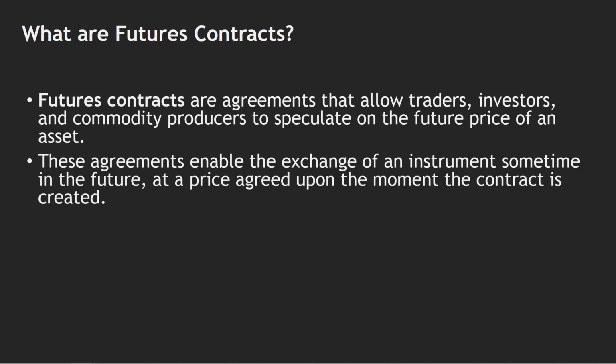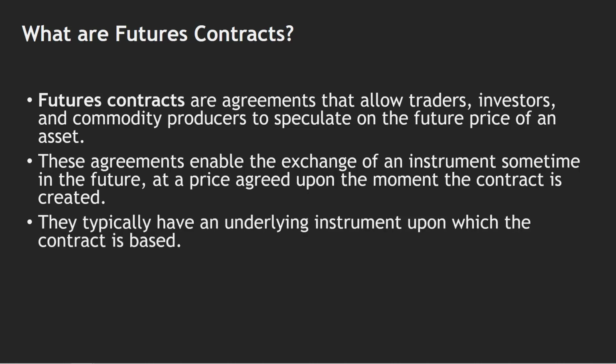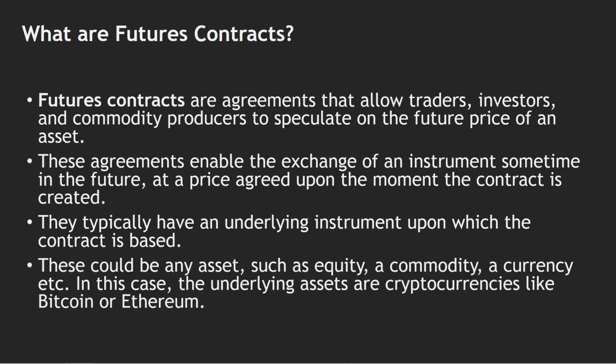This means for every buyer of the instrument, there must be an equally willing seller. There is a typical underlying instrument upon which the contract is based. This could be any asset, such as an equity, a commodity, a currency. In this case, the underlying assets are cryptocurrencies like Bitcoin or Ethereum.